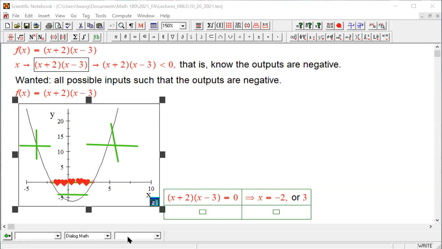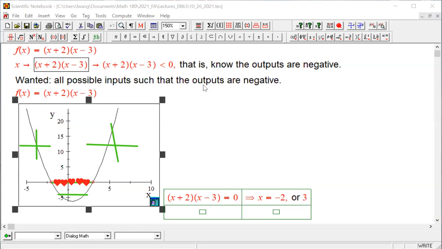Once we are able to identify the crossing, remember we talked yesterday, we talked about x plus 2 changes sign, x minus 3 changes sign. We have those ideas, right? What do we see now?